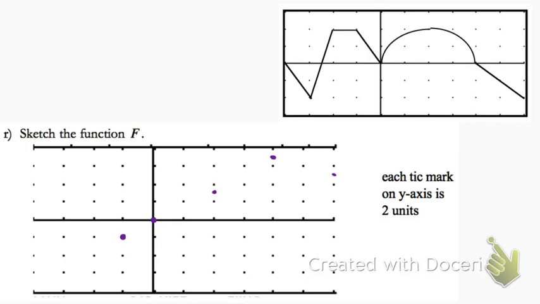Oops, we're counting by 2s, huh? My bad. At -3, it was -3 units. At -3.5, it was -3.5 units. Oh, no, sorry, that was -2.5. Just kidding.